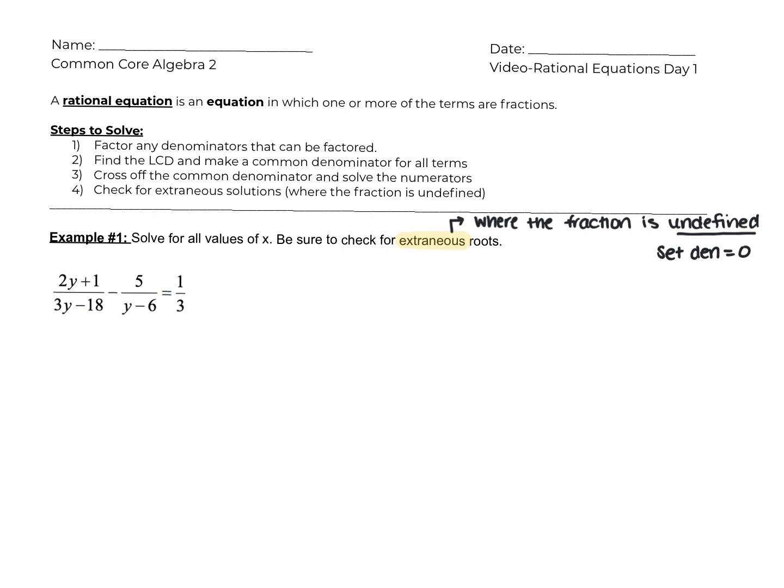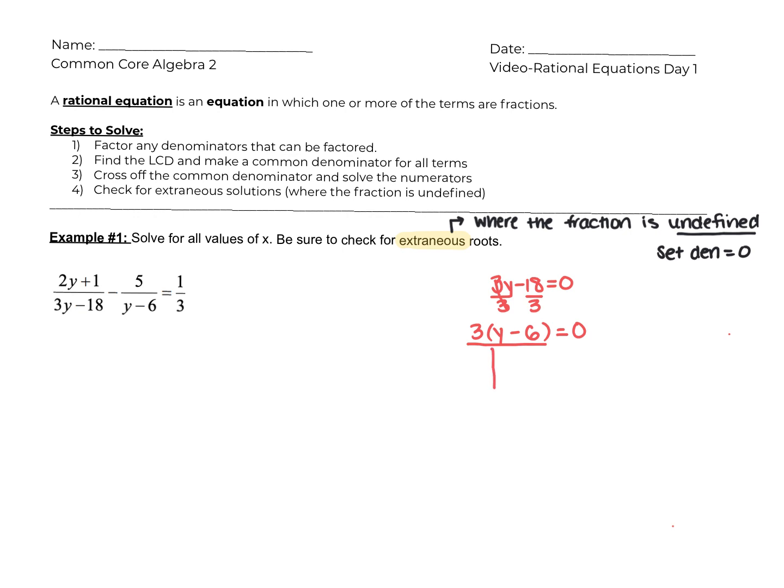So the first denominator we have is 3y minus 18. I'm going to set that 3y minus 18 equal to 0, and I'm going to solve. I could take out a GCF of 3, and I'm left with, the 3's will cancel, y minus 6. 18 divided by 3 is 6.